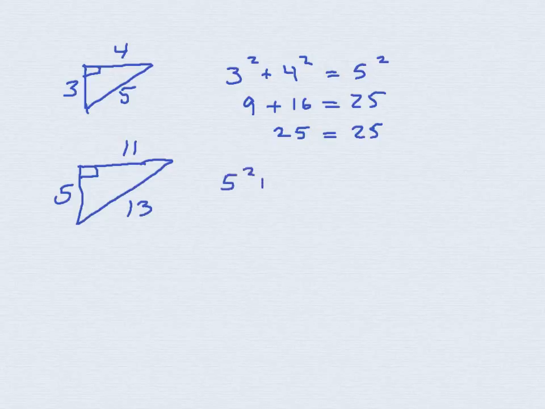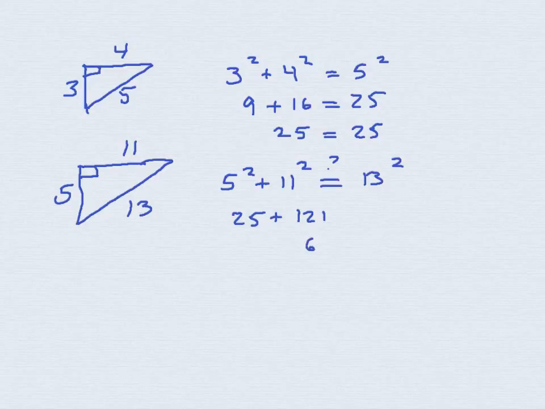A leg squared plus a leg squared, does it equal the hypotenuse squared? 5 squared is 25, 11 squared is 121. Add them together and you get 146. Does that equal 13 squared, which is 169? Clearly it does not.